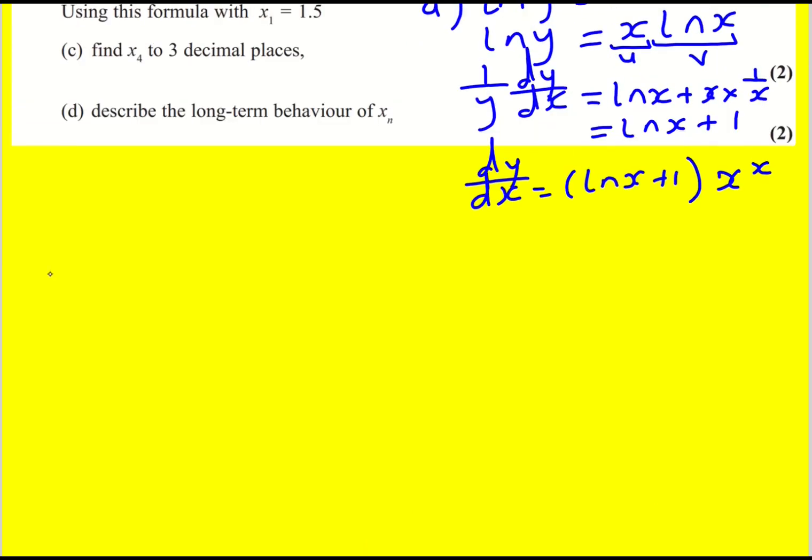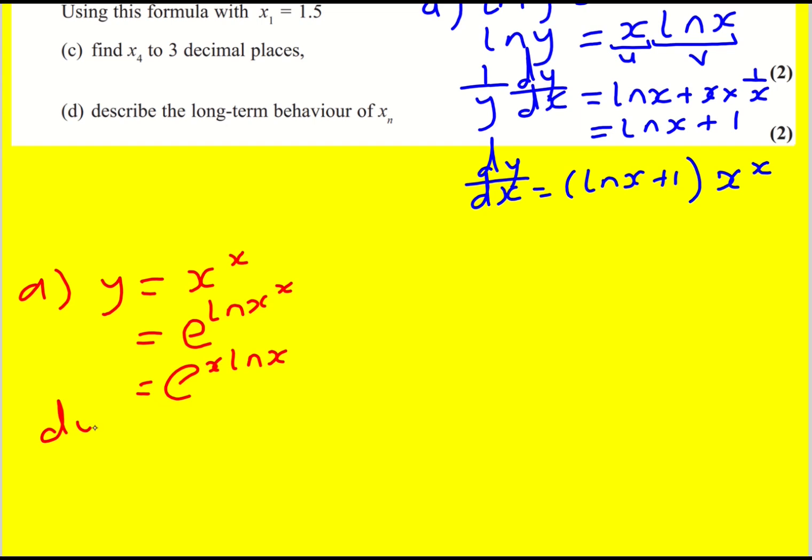Your alternative that was allowed in this question is to do the following. So we've got y equals x to the x. You can differentiate it using a little trick. We want to write it as e to the power of something. In fact, it would be e to the power of ln x to the x, because they're opposites. And then we can write it as e to the x ln x.